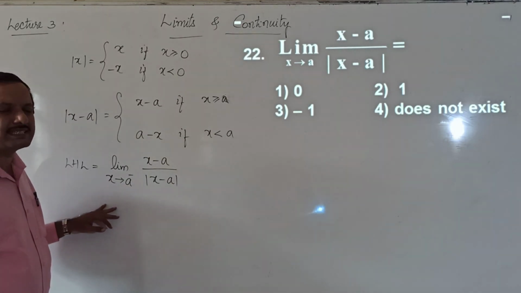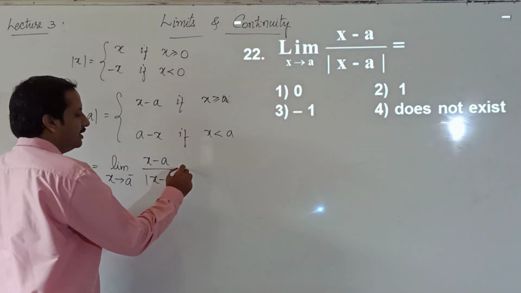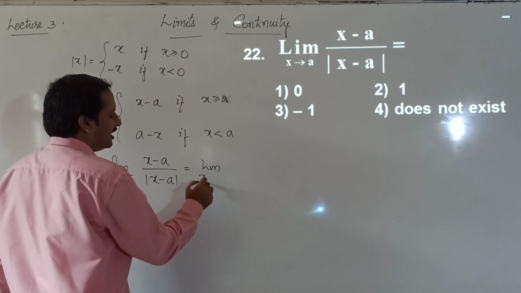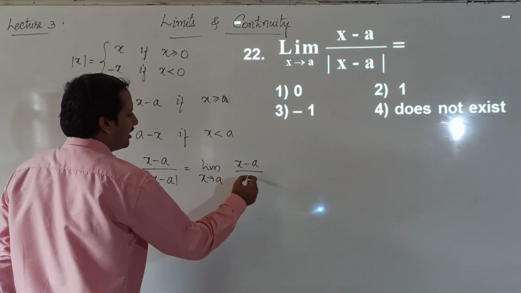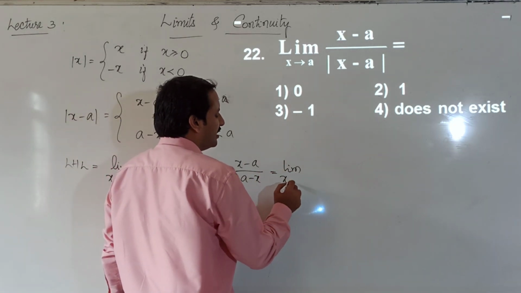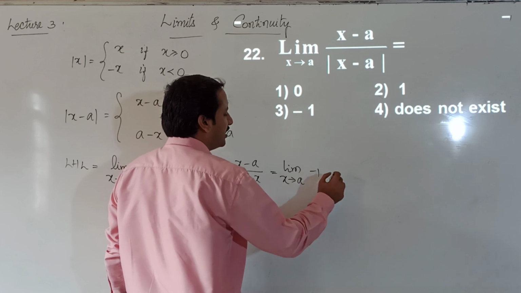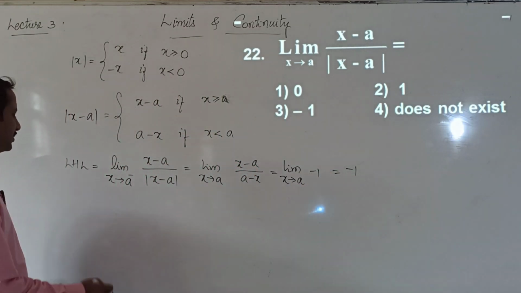Whenever x is less than a, mod x minus a is defined as a minus x. This is equal to limit x tends to a, x minus a divided by a minus x. These two get cancelled. So you have limit x tends to a of minus 1, that's equal to minus 1. The left hand limit is minus 1.